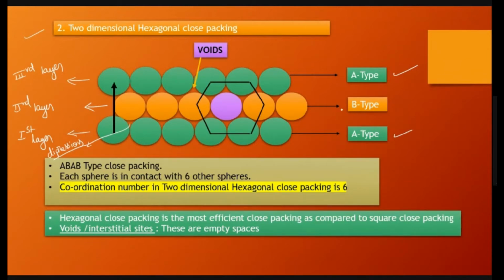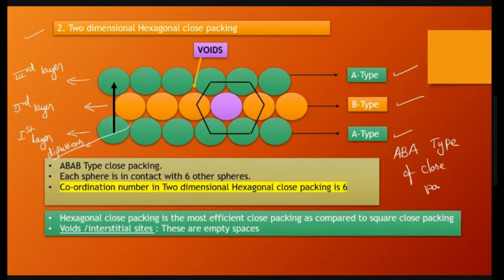Now, the point is, what about the middle layer? The middle layer is not identical with either of these two layers, and the alignment is also different. So I'll consider this as a separate layer, and I name this layer a B type of layer. So this type of close packing is called ABA type of close packing.